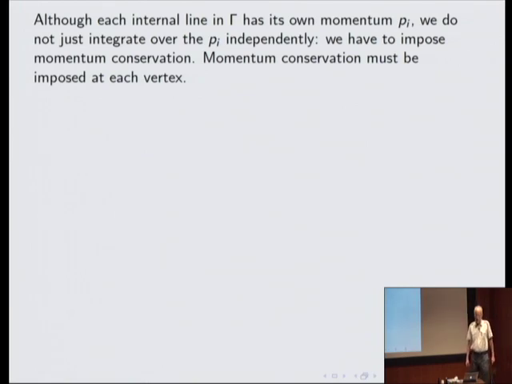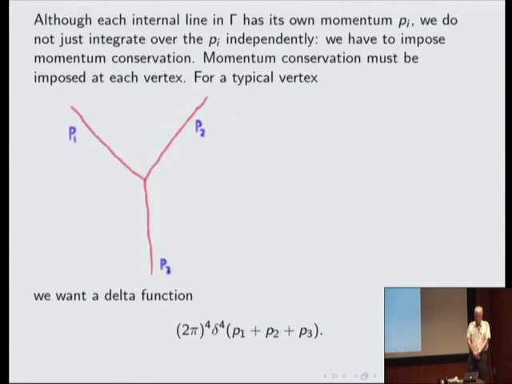Now, although each line in the graph has its own momentum p, we don't just integrate over the p's independently. We have to impose momentum conservation, and we impose it at each vertex. So here's a vertex with incoming lines, let's say, of momentum p1, p2, and p3. We need a delta function, 2 pi to the 4th times delta 4 of the sum of the incoming momenta.